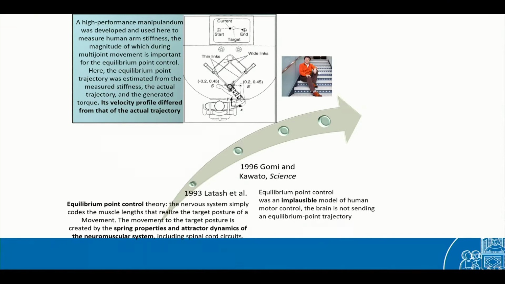What they did was another experiment with a manipulandum, where they proved that the equilibrium point trajectory was estimated from the measured stiffness and the generated torque, and having a look at the velocity profile that was generated by the arm, they saw that this was not the same that was sent from the brain. So this means that the equilibrium point theory is not plausible for explaining the control of the arm.